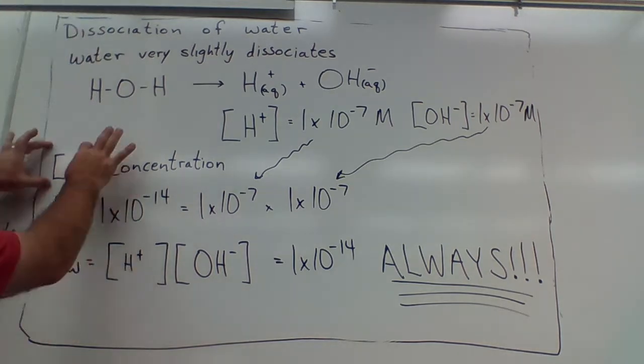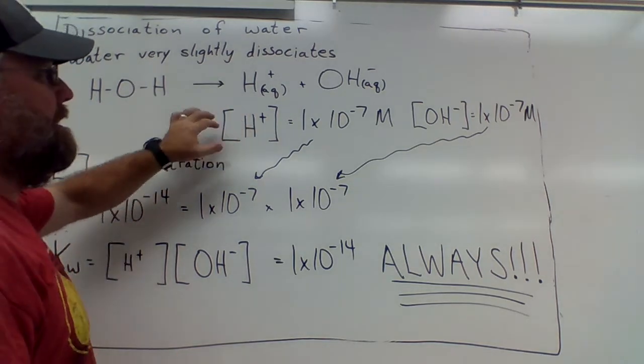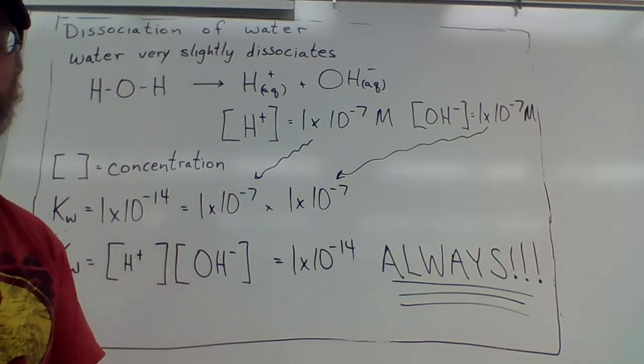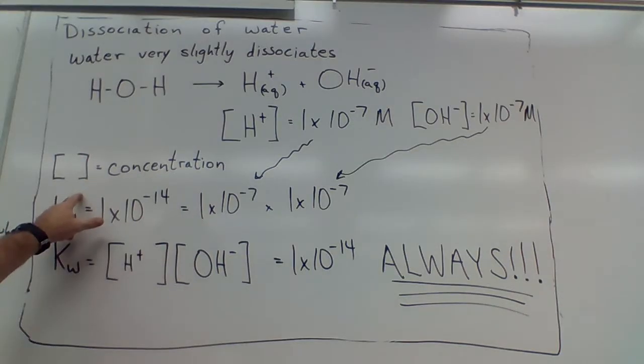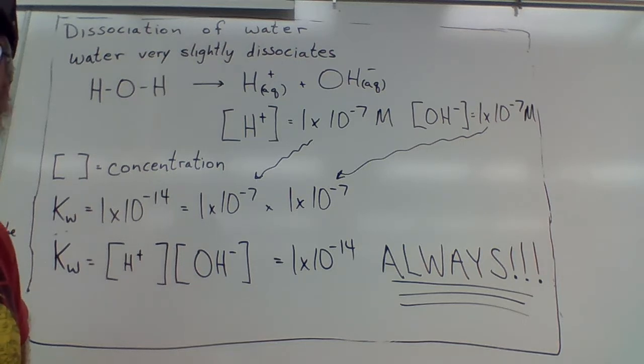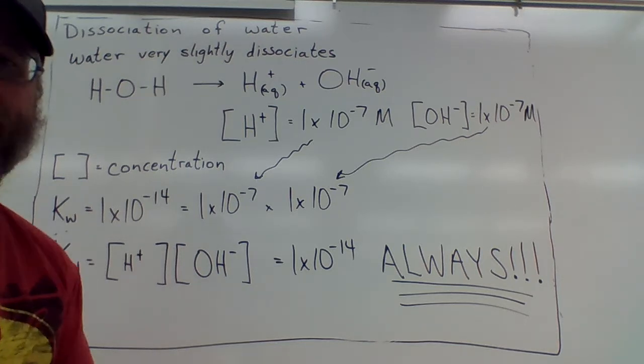Now, this little bracket symbol that we see here is just a way chemists use to signify that we're talking about concentration. And there's also something that we call the Kw, the dissociation constant for water. The dissociation constant for water is always 1 times 10 to the minus 14th. Where does that come from?